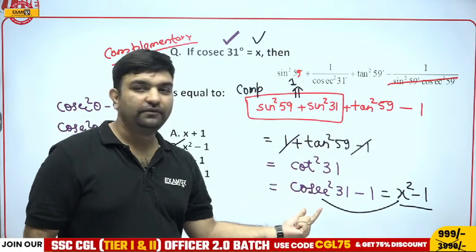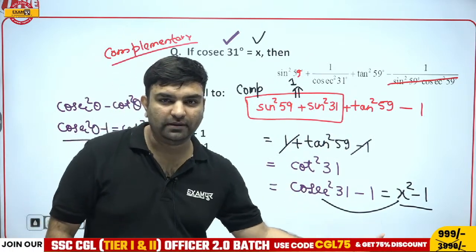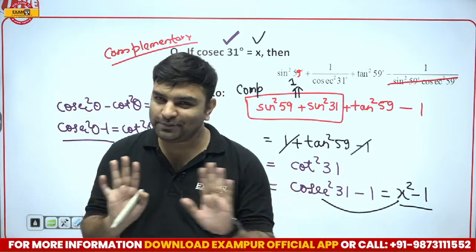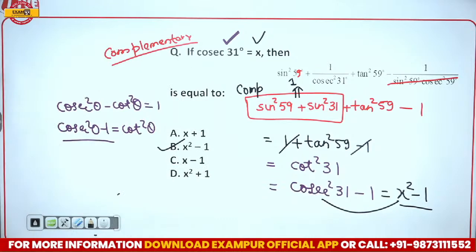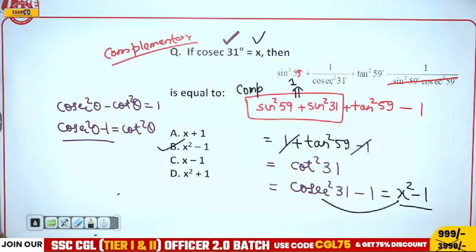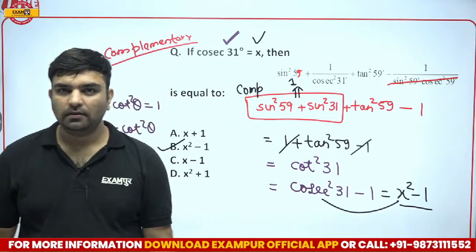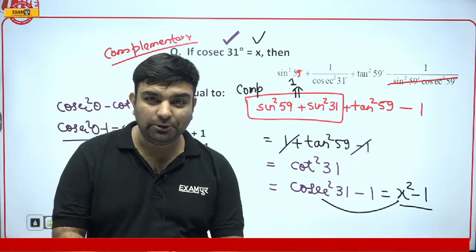Cot square 31 can be written as cosec square 31 minus 1, and cosec 31 is x. Clear to all? Absolutely clear to all?